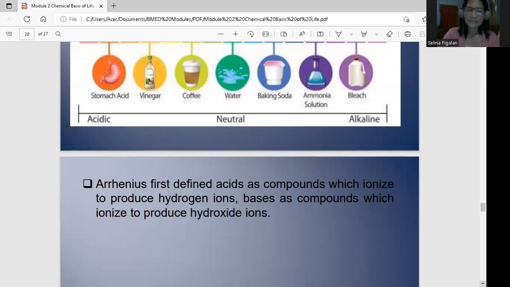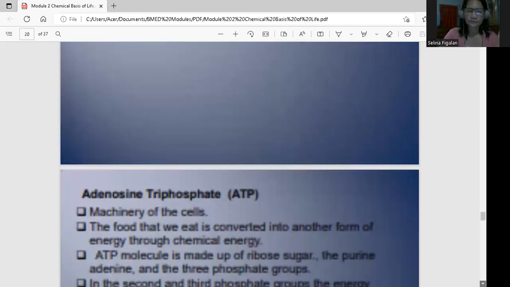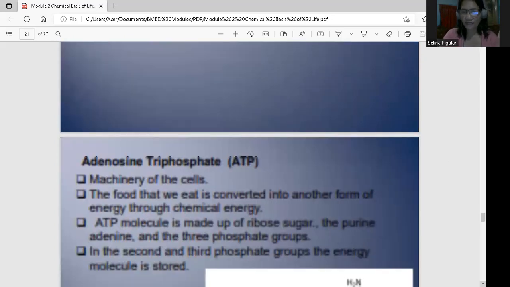Acids and bases produce hydrogen and hydroxide, so they have no carbon content. That is the reason why acids and bases are under the inorganic compounds.